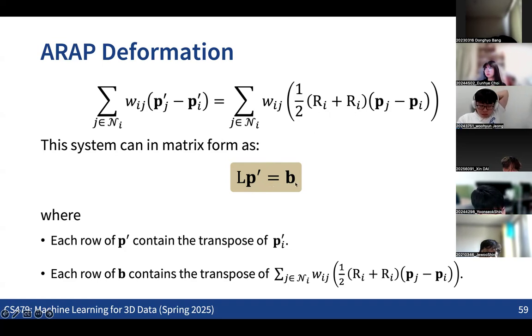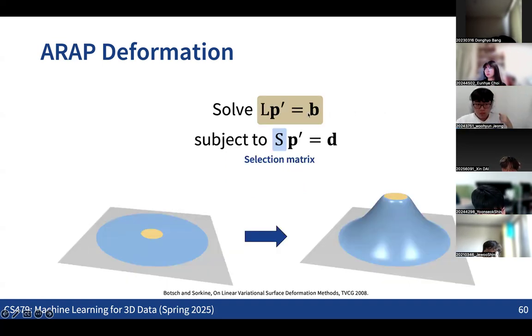But we are not only having this linear system, we have given linear conditions as well. Let's say S is a selection matrix, which selects some of the given vertices, so that we can give a condition that those vertices should have a certain position.